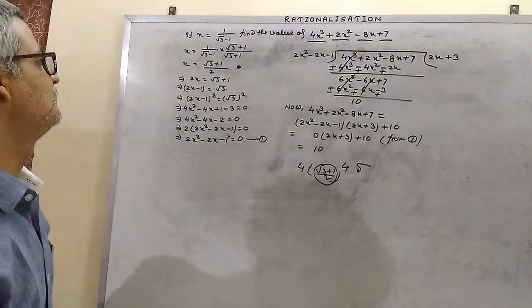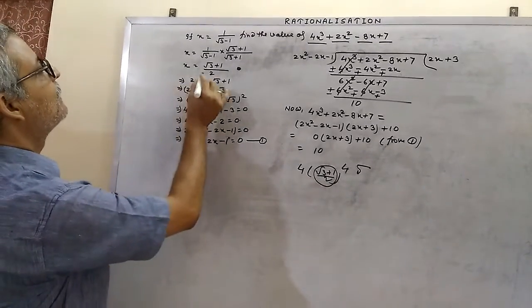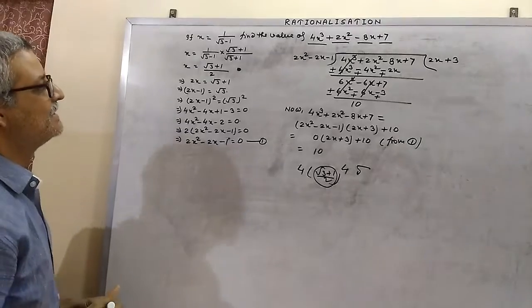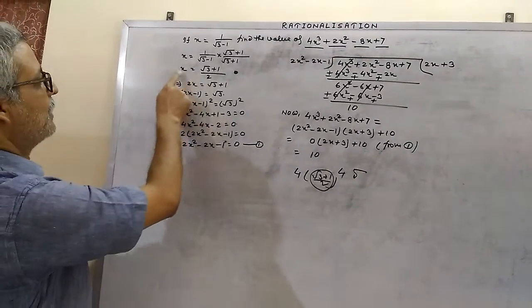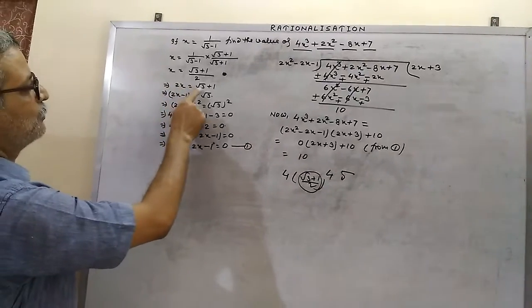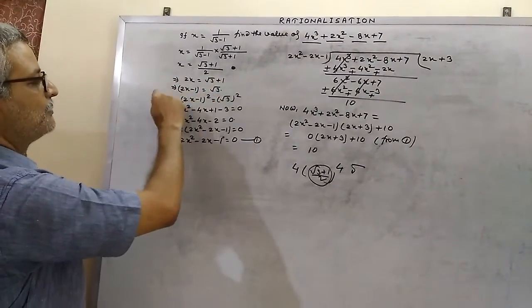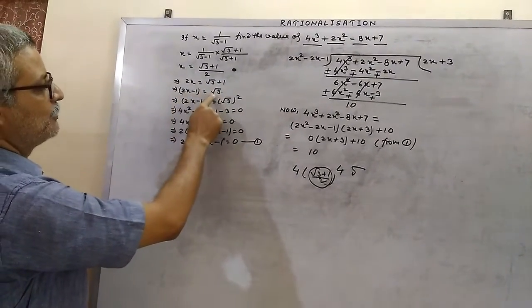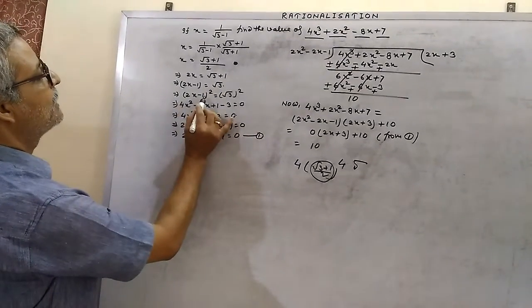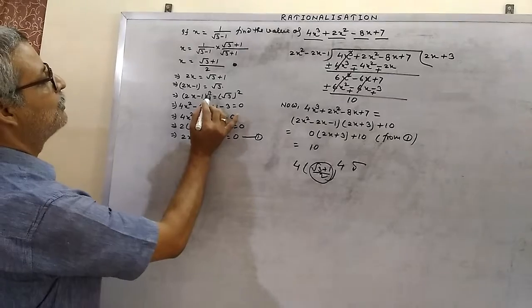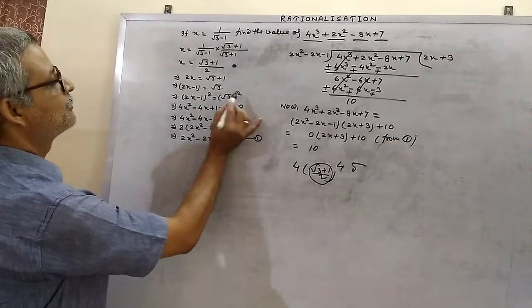The other process is to make, by cross multiplication, a rational term on one side and an irrational term on the other side. So 2x is equal to root 3 plus 1. Shift 1 to this side: 2x minus 1 is equal to root 3. Now square both sides. 2x minus 1 whole square is equal to root 3 square.